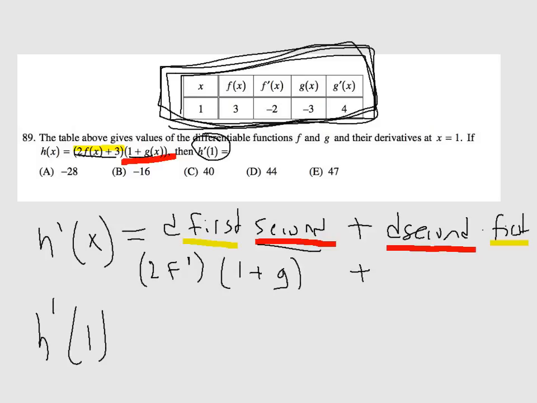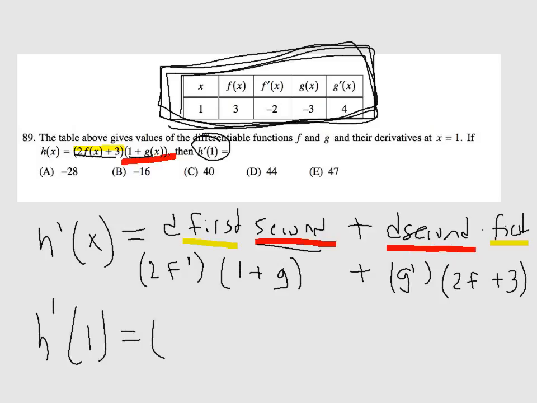Plus the derivative of the second, which would be g prime, times the first, which is 2 times f plus 3.